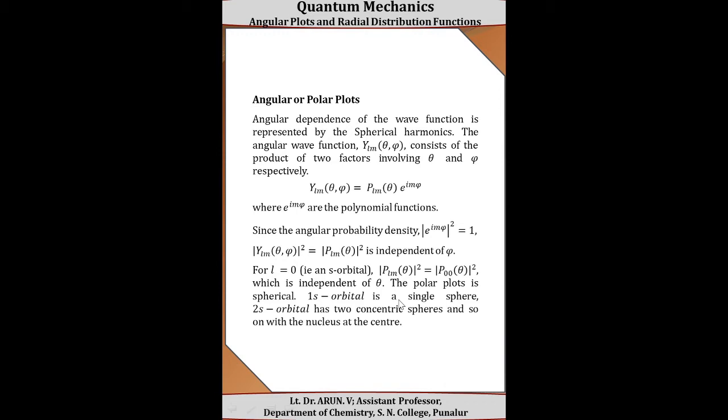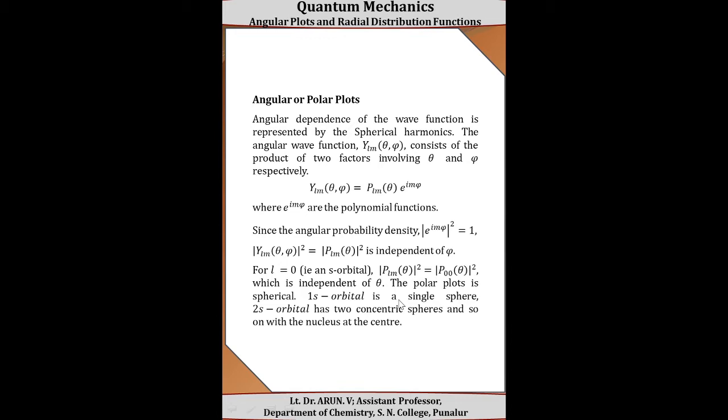The e raised to i m phi are the polynomial functions, and we know that the angular probability density, modulus of e^(i m phi) squared, is equal to 1. The |Y_lm(theta, phi)| squared is equal to |P_lm(theta)| squared, that is independent of phi.